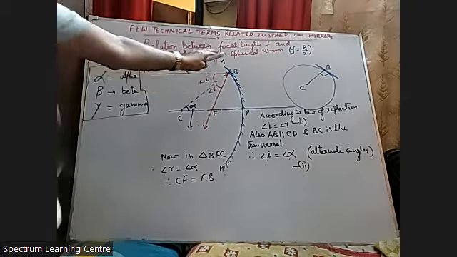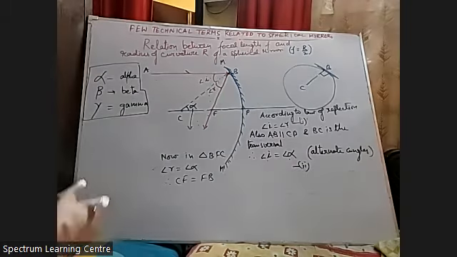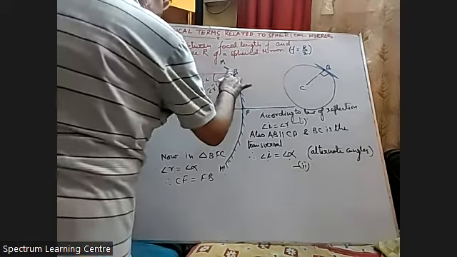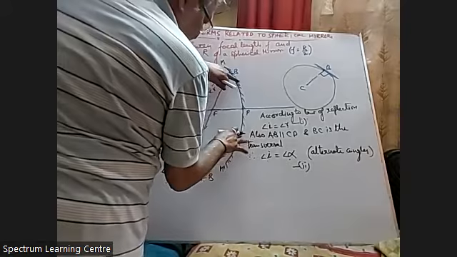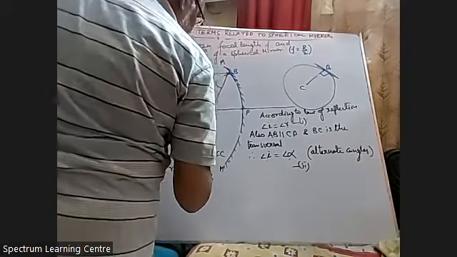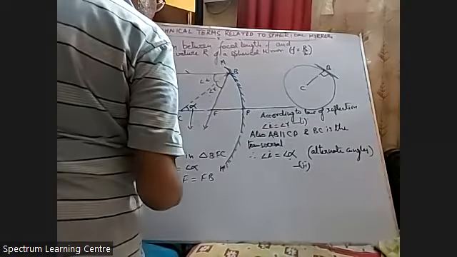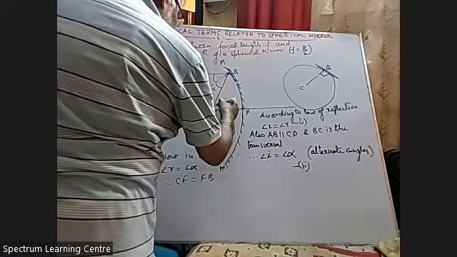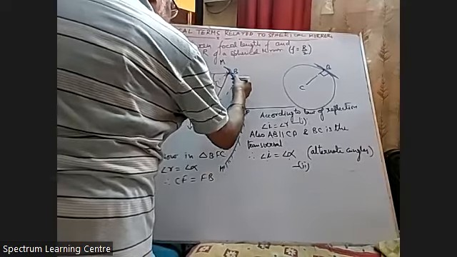Now check here. If I reduce the aperture up to this, this line will become this.